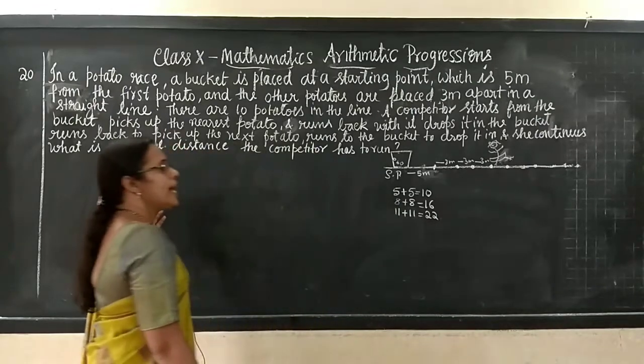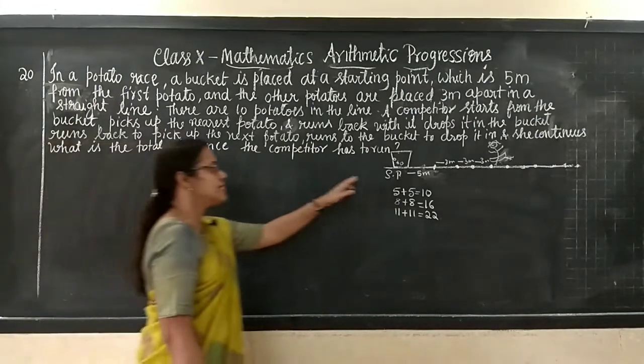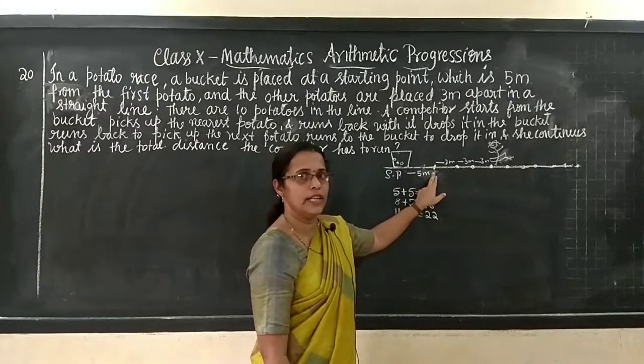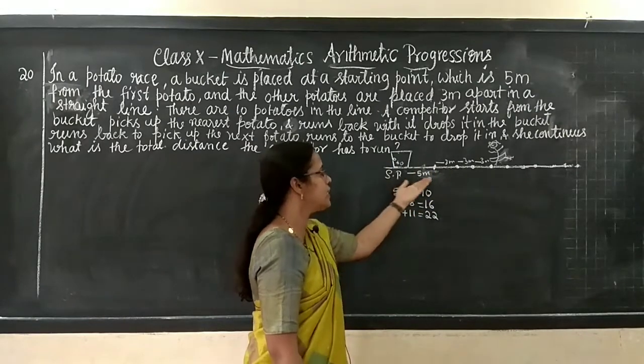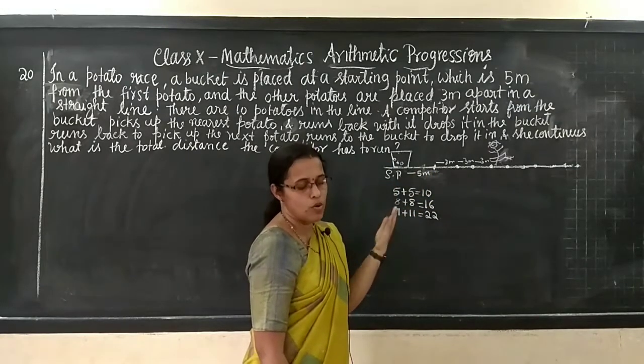Now what is the first term? Can we understand? So first time she is moving 5 meters, then she is coming back. Right. So it is how much meter? 10 meters. So how to write this?